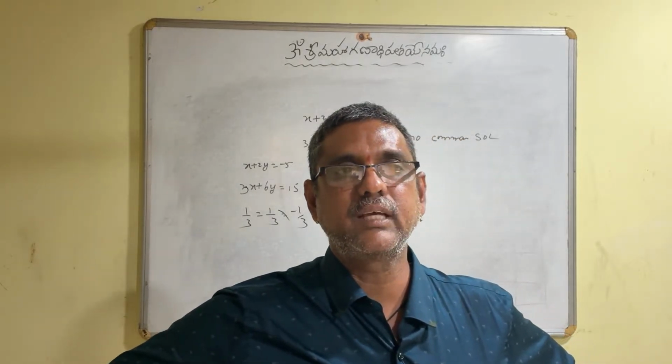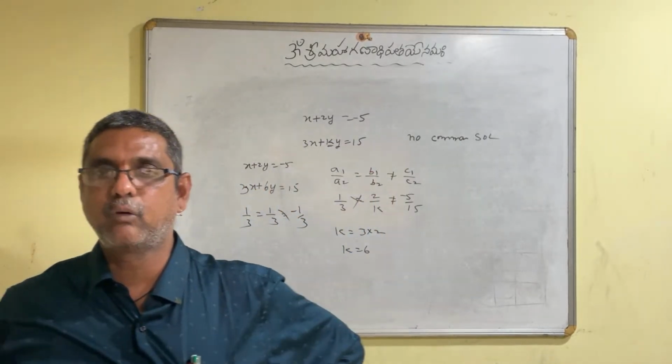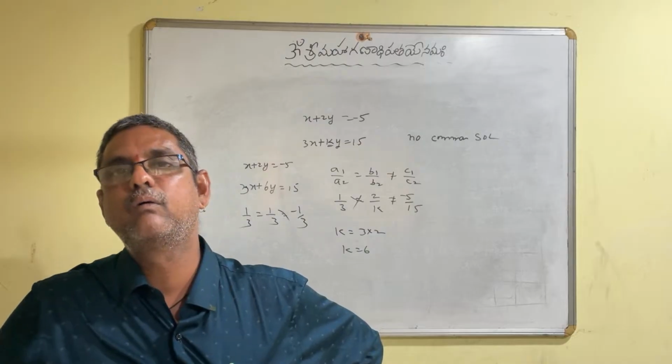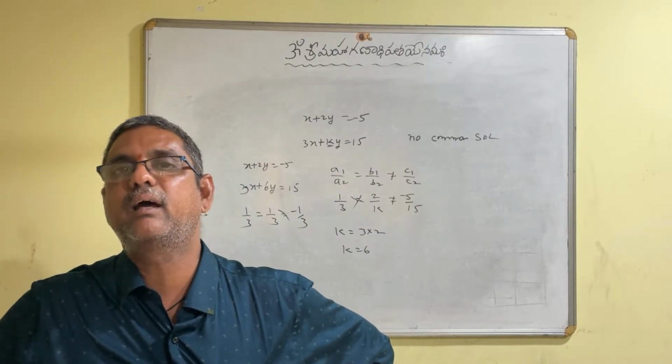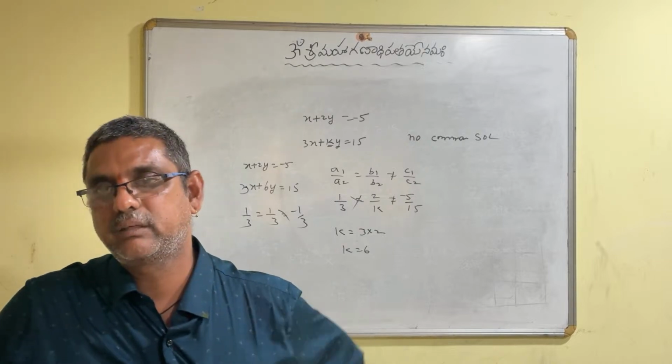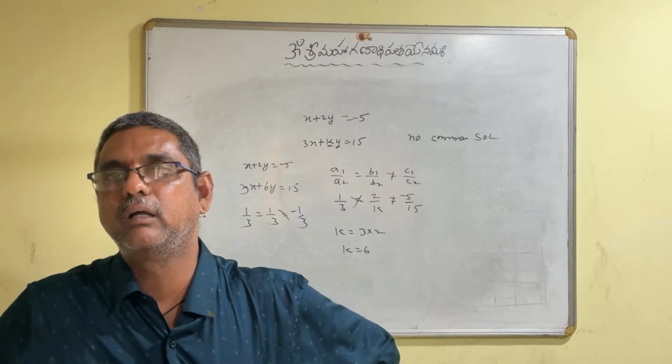For board exams, this is an important model, finding the k value in pair of linear equations in two variables, for 2 marks or 3 marks. You can see a problem on this.